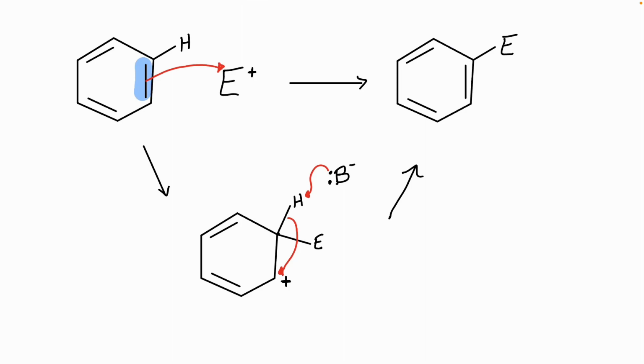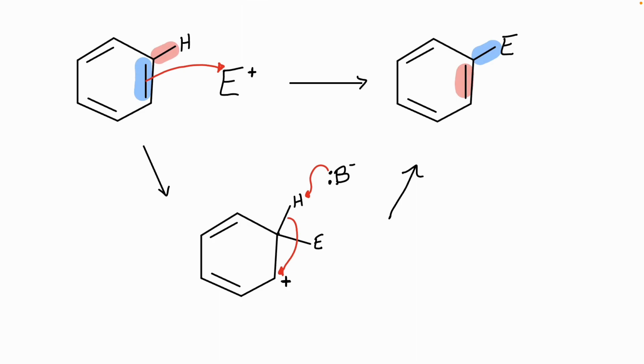Your original pi bond in your benzene ring becomes your new carbon electrophile bond, and that pair of electrons that used to be in that carbon hydrogen bond is now what makes up your new pi bond. But importantly, in these reactions, you do not break your aromaticity of the benzene ring. That's the whole idea. We don't see addition reactions, we instead see these substitution reactions.